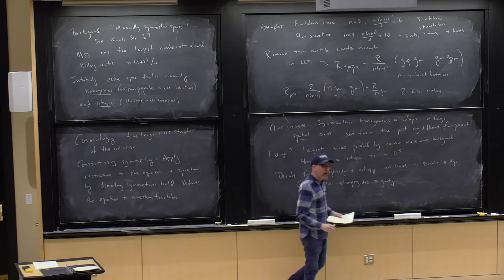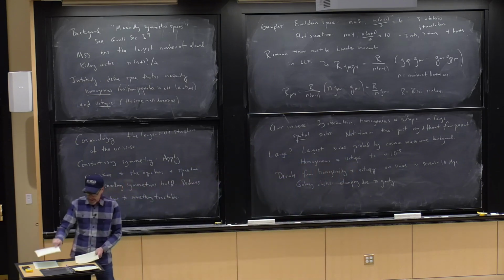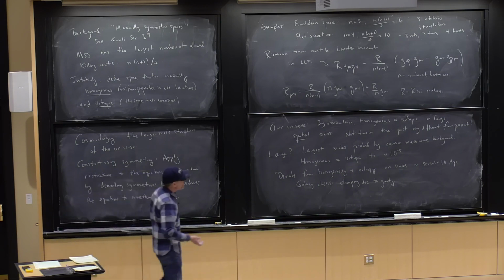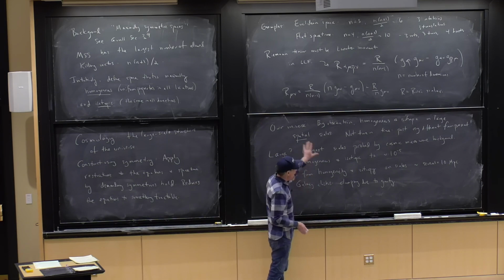So when I talk about cosmology and I want to describe the universe's large-scale structure, I am going to be working on defining a description of space-time that averages out over small things like clusters of galaxies. Okay?